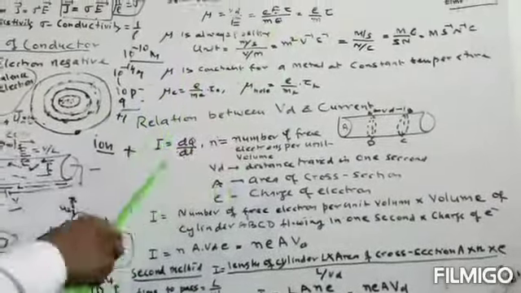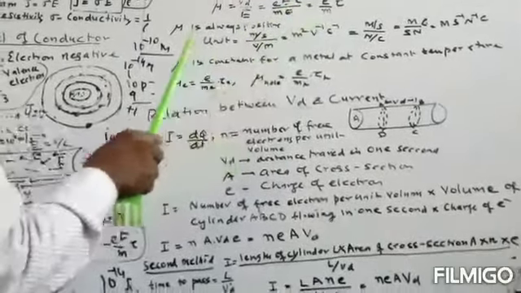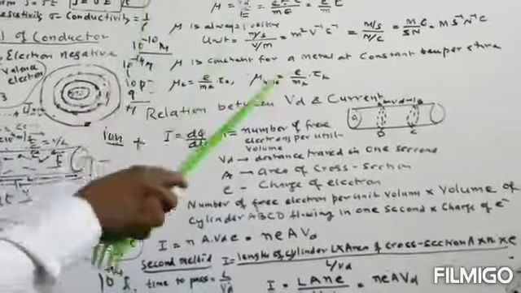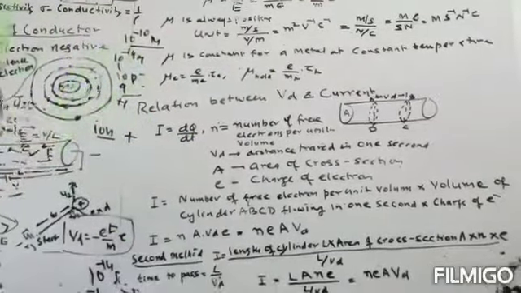Now mobility, as I told you, depends upon the mass. The mobility of electrons will be different from the mobility of positive and negative ions.